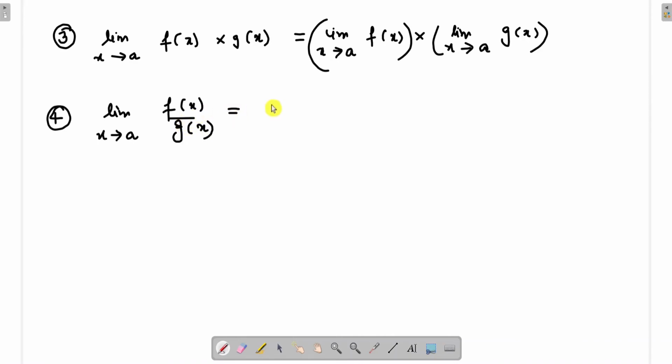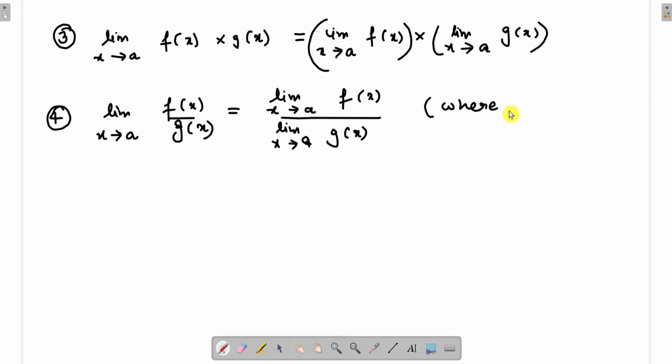This will be limit x tends to a of f(x) divided by limit x tends to a of g(x), and here we should have the denominator not equal to 0, where limit x tends to a of g(x) is not equal to 0.